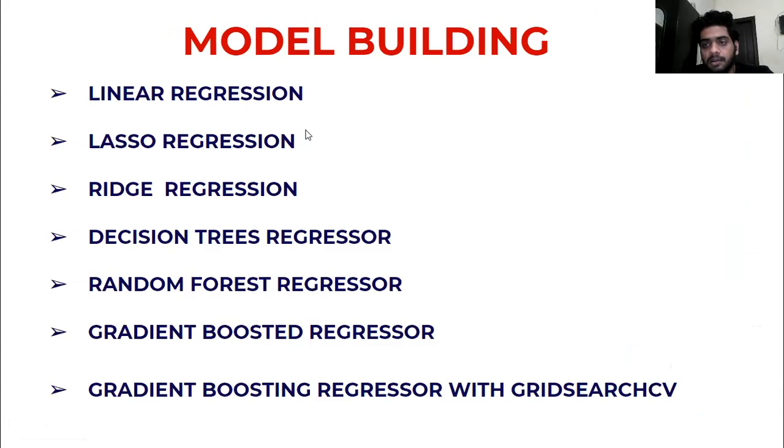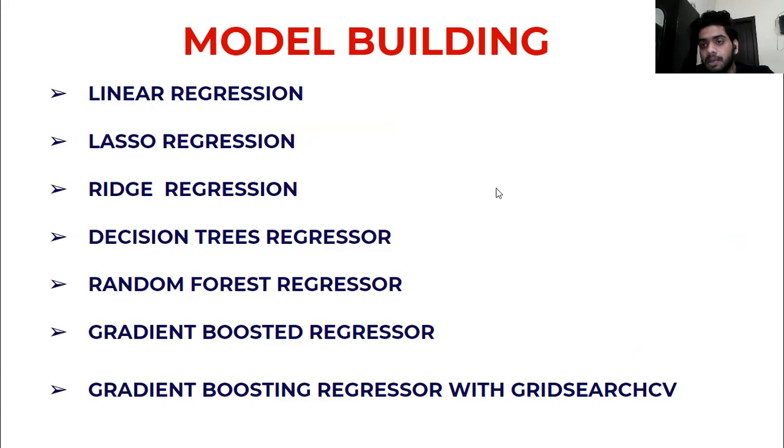Next is our model building part. After doing all the EDA process and data pre-processing, we can perform the modeling, and for this we perform 7 regression models: linear regression, lasso regression, ridge regression, decision tree regression, random forest regressor, gradient boosting regressor, and gradient boosting regressor with GridSearchCV.